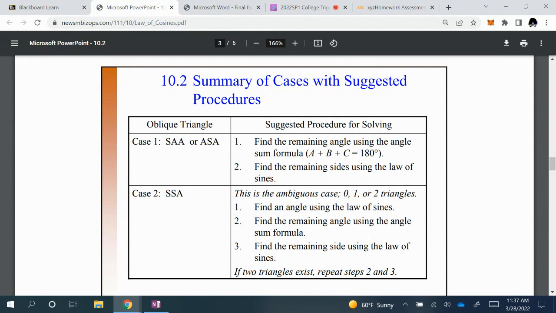Okay, so I'll explain that. May not be today, but I'll kind of explain that. Now, I've looked through the homework and there are only 2 problems. I believe there are problems number 10 and problems number 11 that give you a side side angle set of measurements. All right, so that's what you should do. That's the suggested procedure for solving an oblique triangle where you're given a side side angle set of measurements.